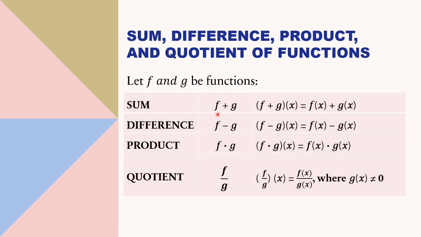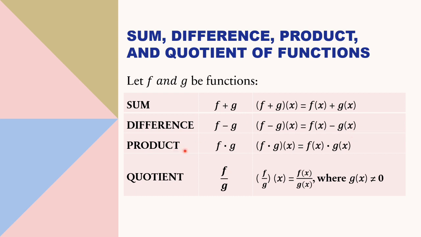So for the sum, we have f plus g. f plus g of x is equal to f of x plus g of x. Then for the difference, we have f minus g. So f minus g of x is equal to f of x minus g of x.